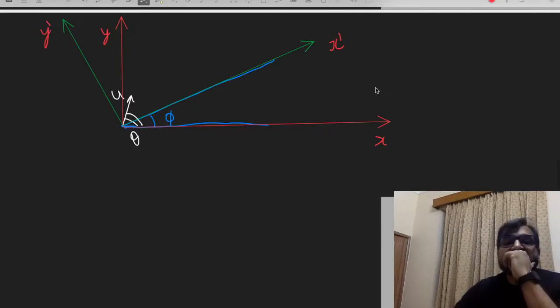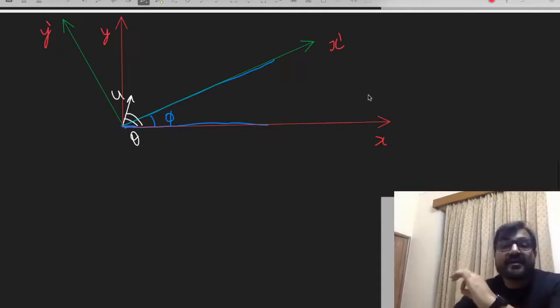So which axis is suitable for finding when it will land on the incline? Okay? When will it land on the incline? Which axis is suitable?